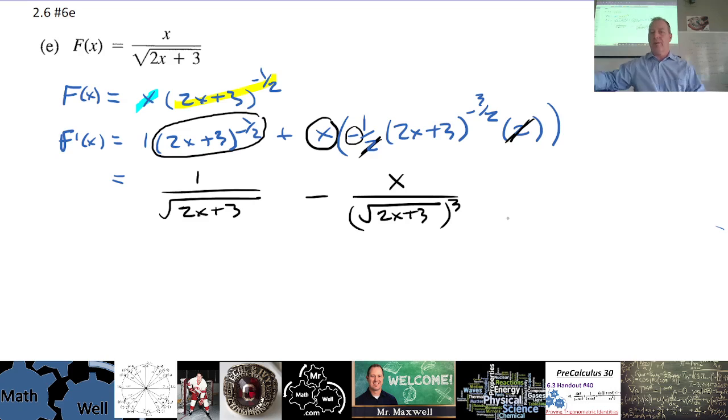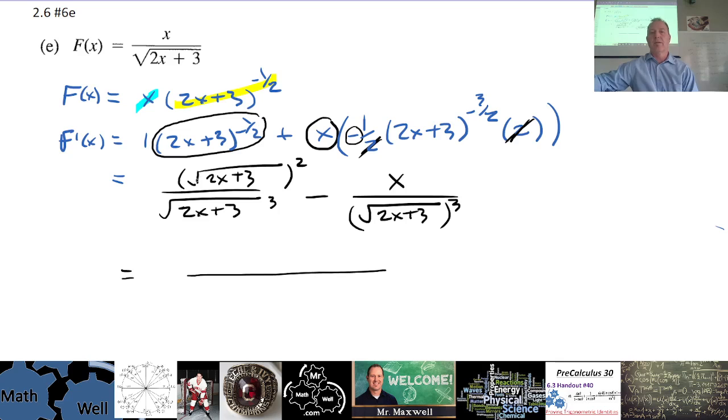Now, to simplify this, to cram those together, it's not that difficult. What we want to do is make this root 2x plus 3 all cubed. I guess we want to get a common denominator, right? So if I make this cubed, that means I have to have a root 2x plus 3 squared on top, because I need to multiply by 2 more. That opens up a couple neat possibilities.